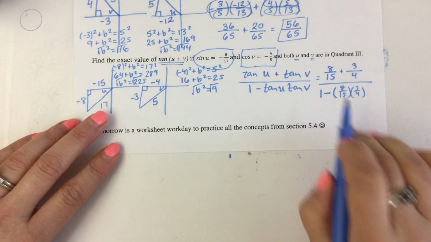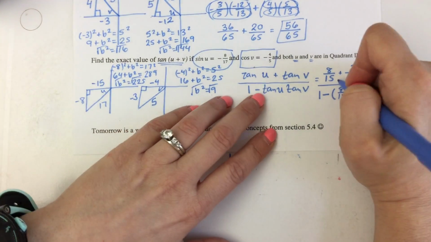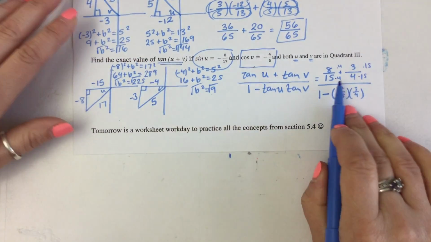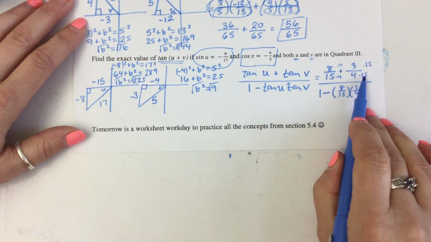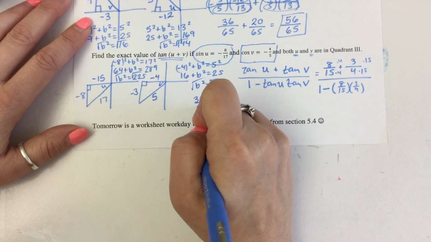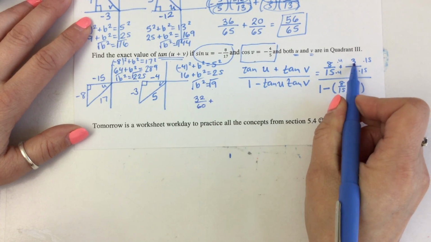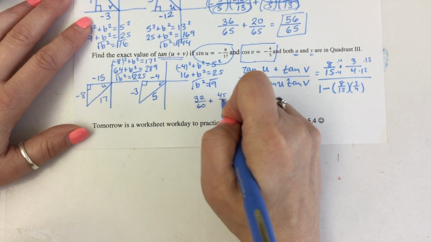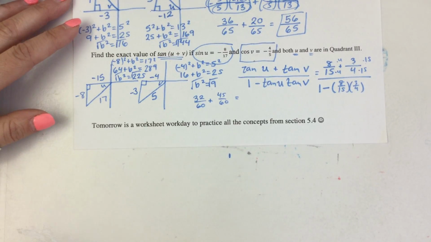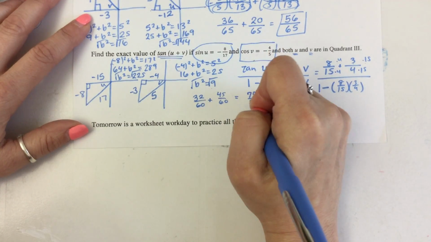What I need to do, though, is get a common denominator. Well, my common denominator, I could easily just do 60 by multiplying each fraction by the other fraction's denominator. So here I'd have 32 over 60 plus 3 times 15 is 45 over 60. So if I take 32 plus 45, that is 77 over 60.